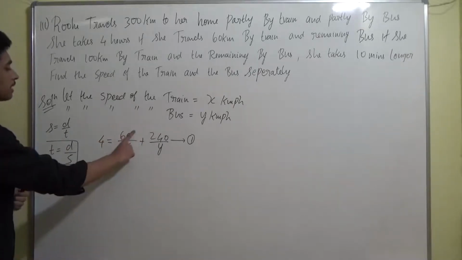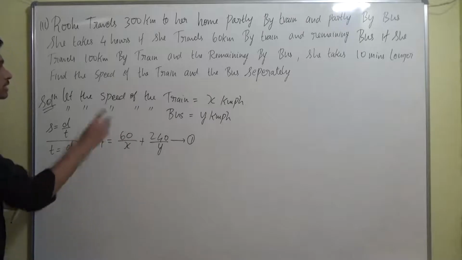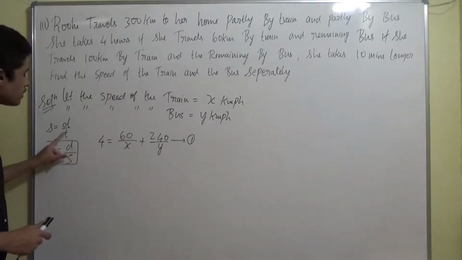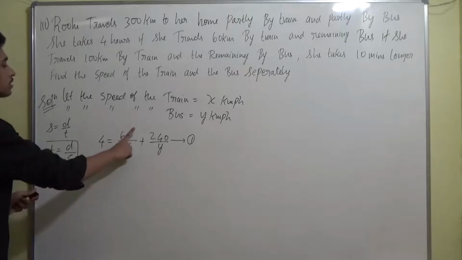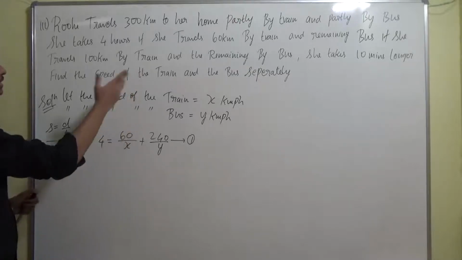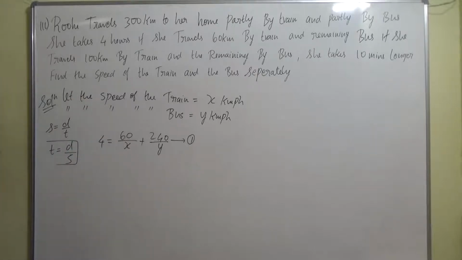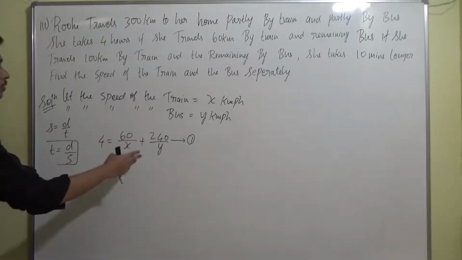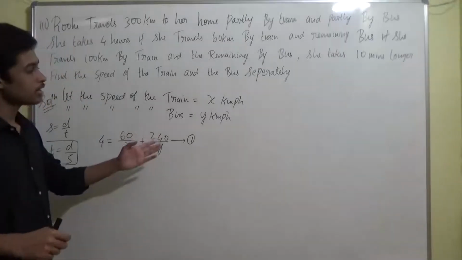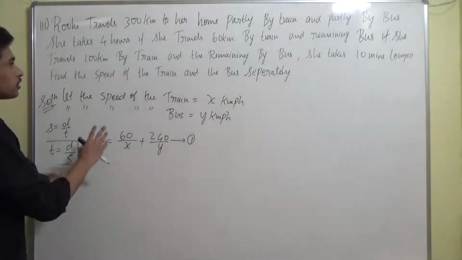Since they didn't give the time directly, we are going to write it in distance by speed format. They gave the condition: 60 kilometers at x kilometers per hour, and 240 kilometers at y kilometers per hour, that is in the bus. This is how we got the formula.